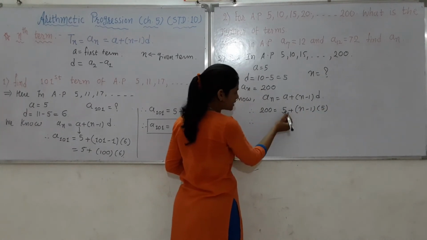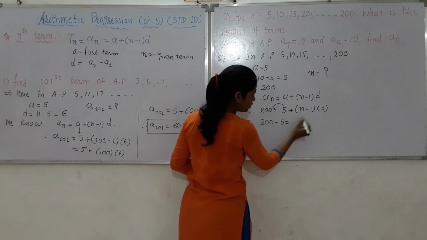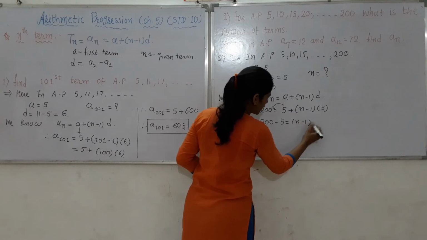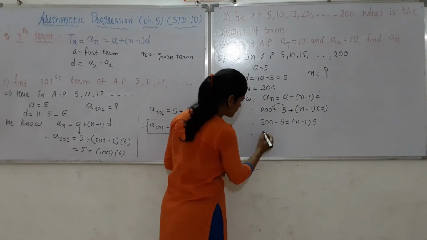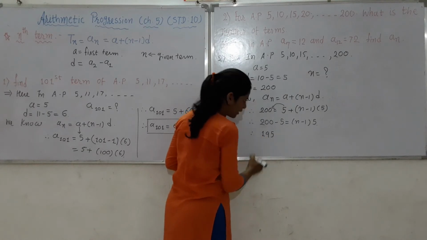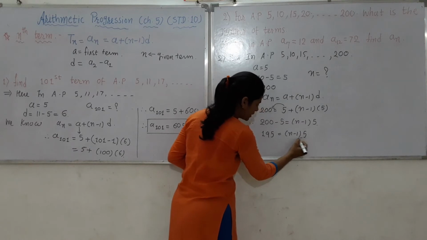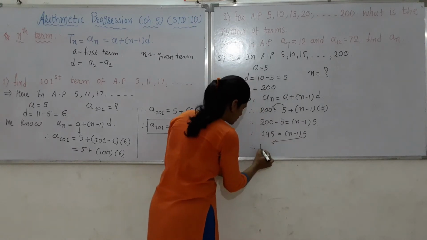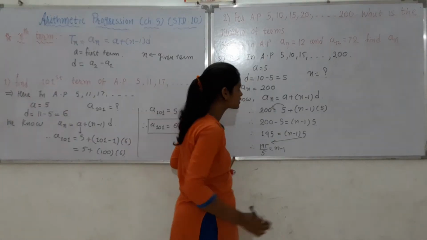Now simplify this, change the side of 5. So this is 200 minus 5. This is n minus 1 into 5. So 200 minus 5 becomes 195 is equal to n minus 1 into 5. 5 in multiplication, goes to division. So 195 divided by 5 is equal to n minus 1.